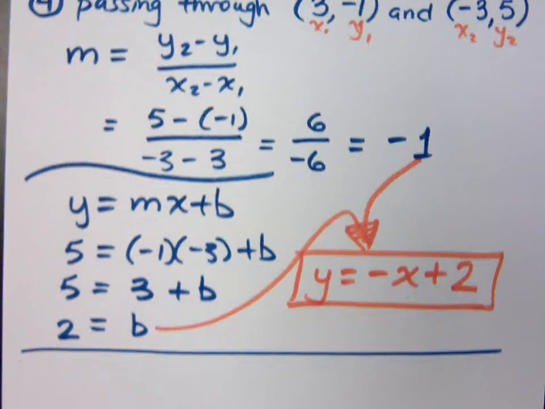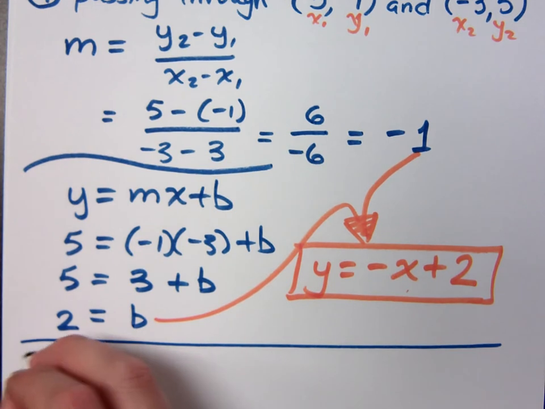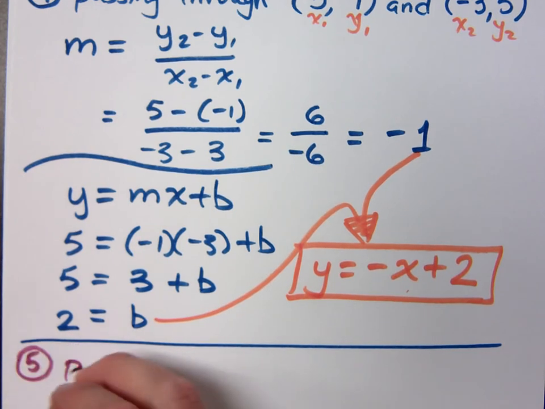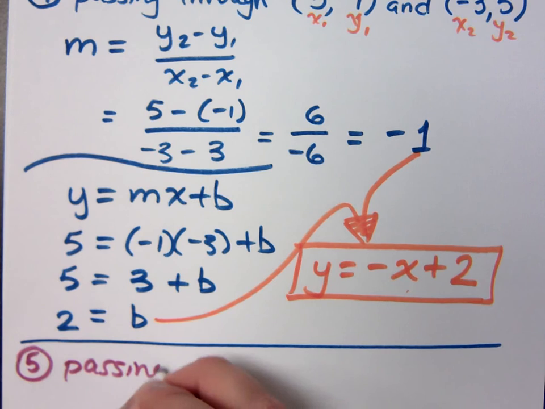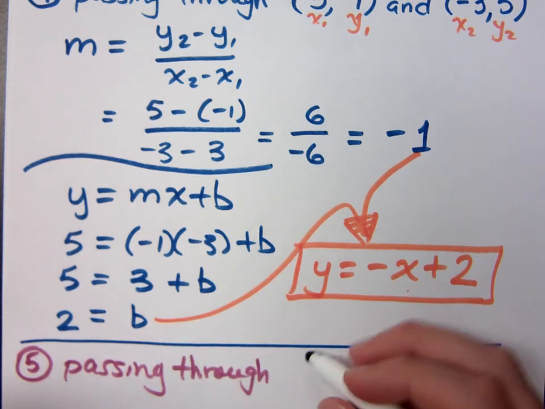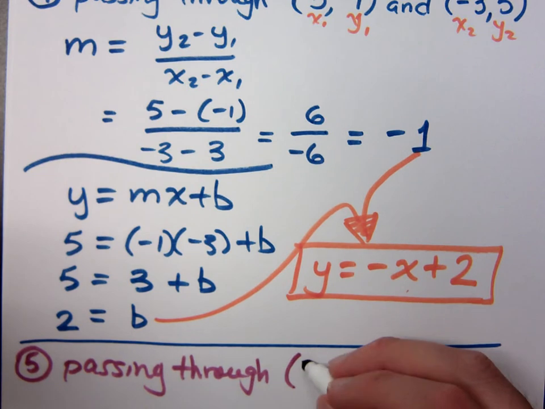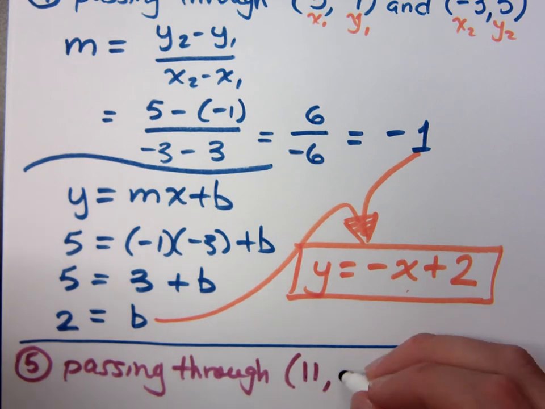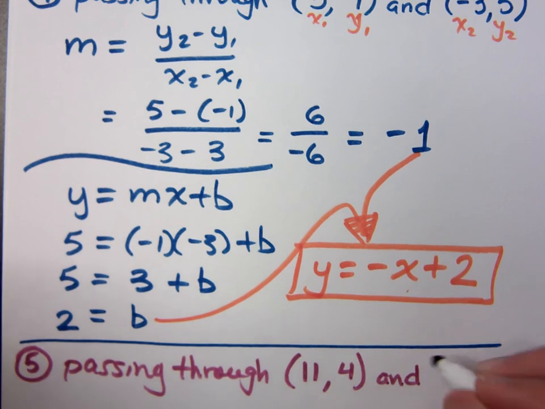Well, let's do another one where I have to find the slope. So suppose I want a line passing through (11, 4) and (0, 12).